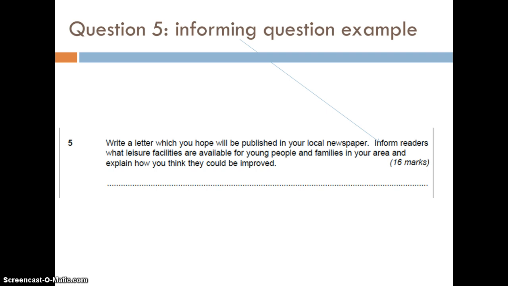Inform readers what leisure facilities are available for young people and families in your area, and explain how they could be improved. You can see that it's an inform but also an explain. We see that the form is a letter, so you need to be aware of the conventions of letter writing, and it's for a local newspaper, and it's young people and families, so that is your audience.